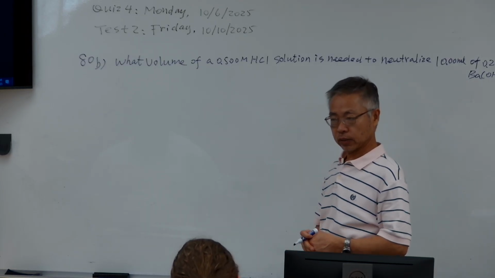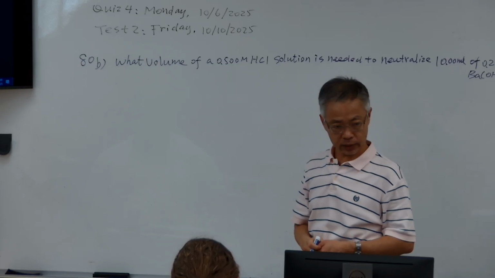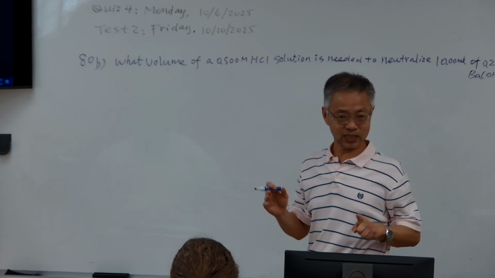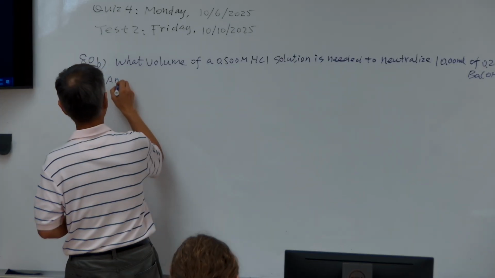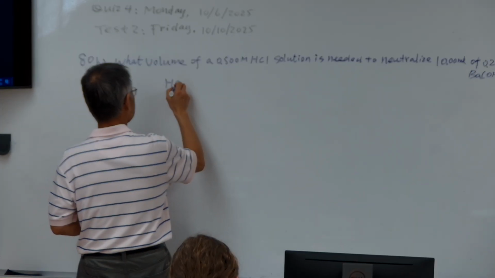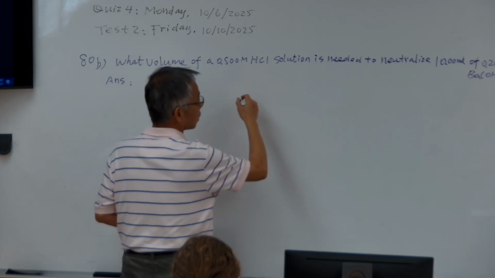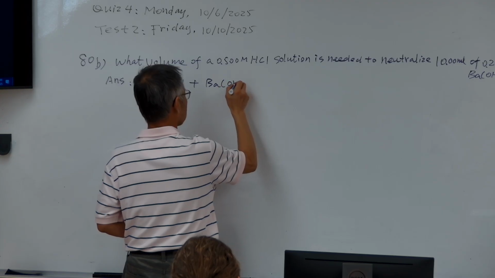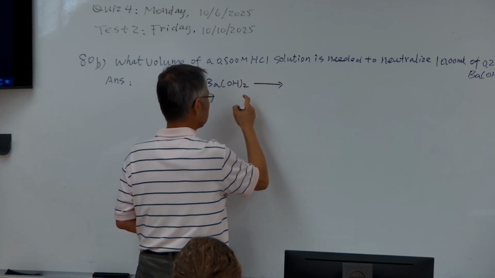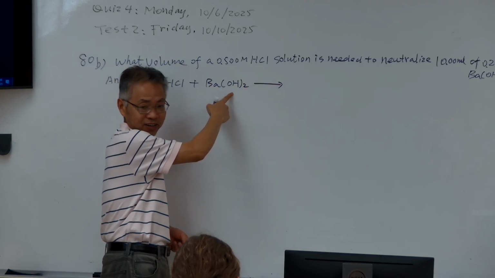Any calculation related to reaction, you need to write a balanced equation, right? What is the balanced equation? Acid-base reaction. The acid is HCl. Base is barium hydroxide. 2 hydroxide, right?